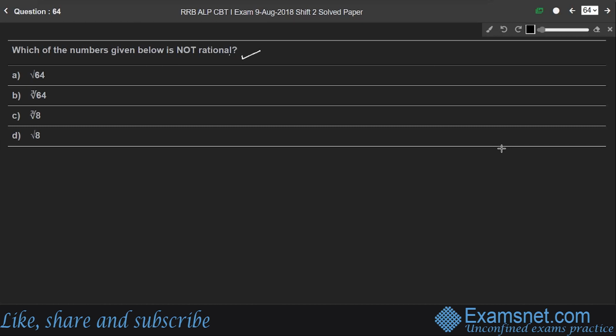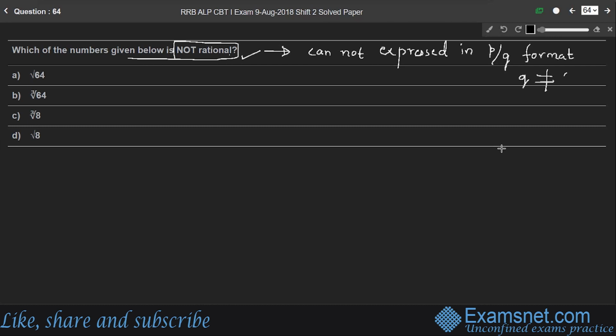Question 64. Which of the numbers given below is non-rational? Non-rational numbers are the numbers which cannot be expressed in the form of P by Q, where Q is not equal to 0, right?